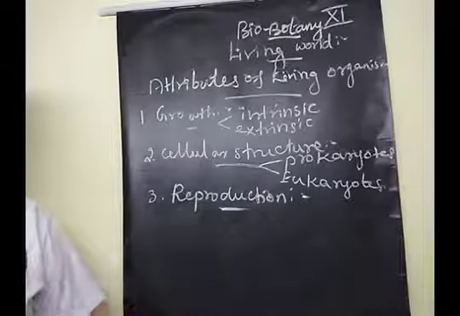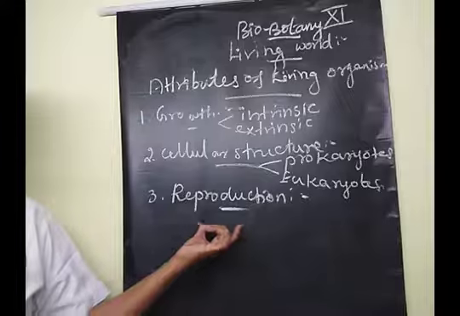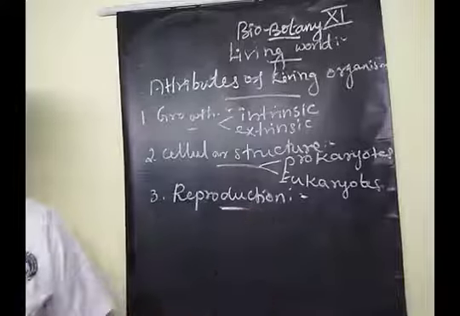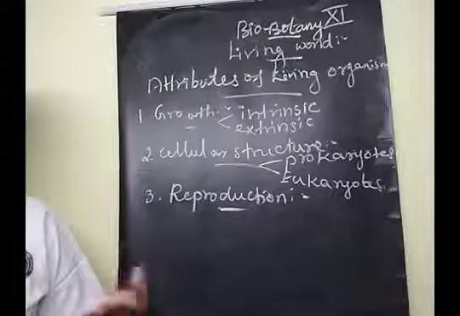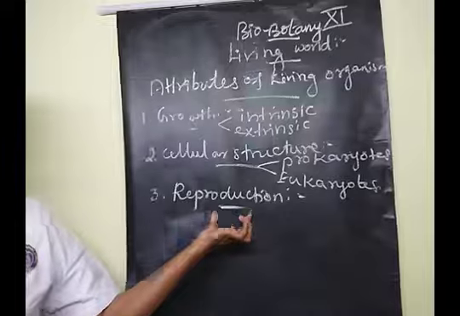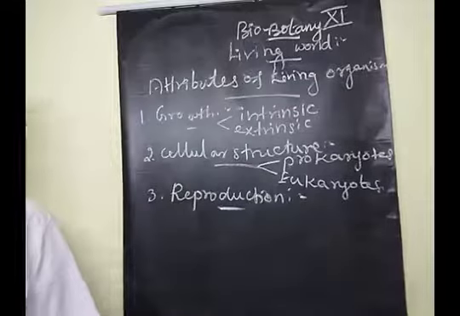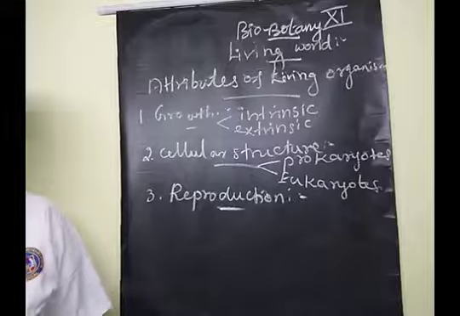Do you have any idea about this term? If you know, say the answer. The production of young ones or new ones, offspring. Am I correct? Yes. Reproduction is one of the essential and important natural qualities of living organisms.